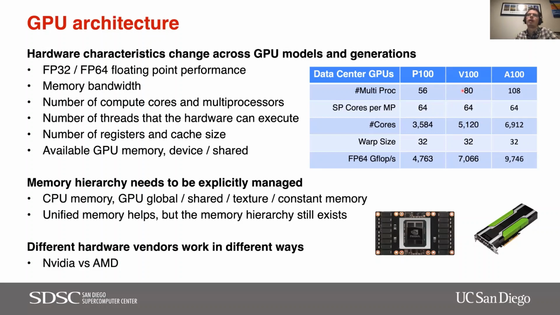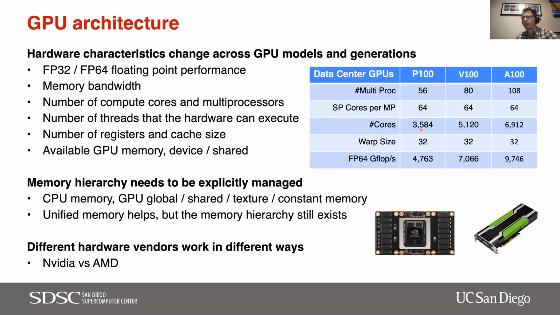The A100 has 108. So you see it's been increasing, in the order of 5,000, 6,000 cores, and correspondingly, the floating point performance has increased. So we have about 7 teraflops of FP64 floating point performance on each V100.